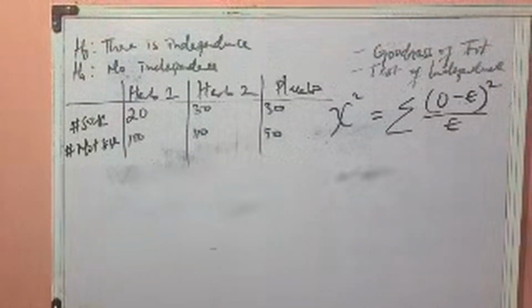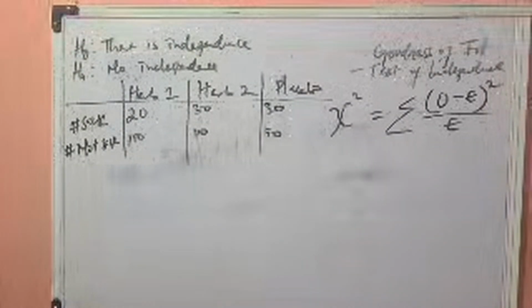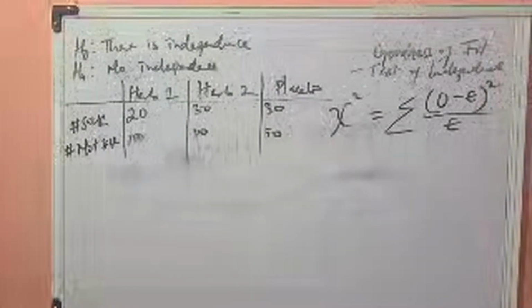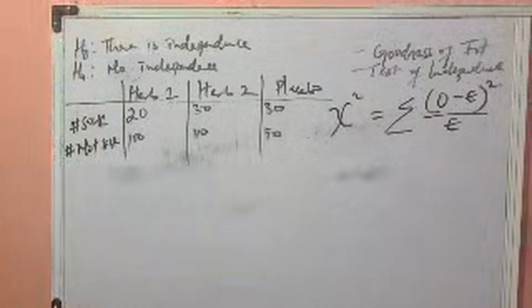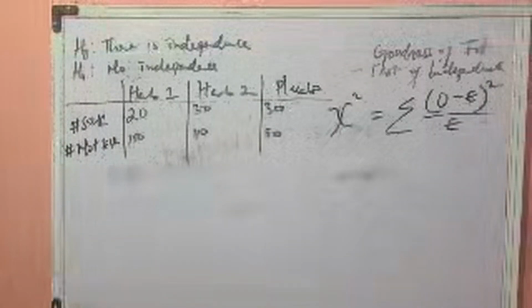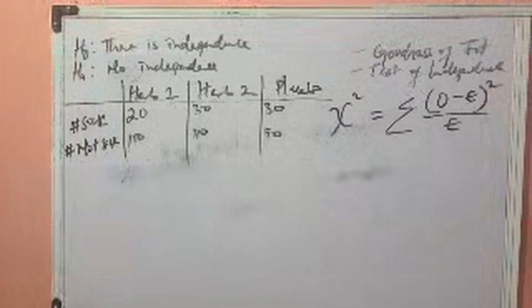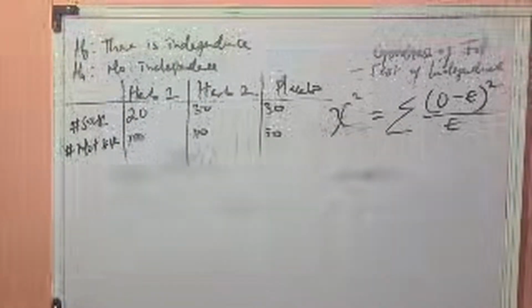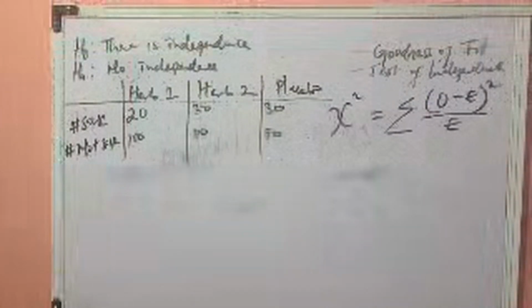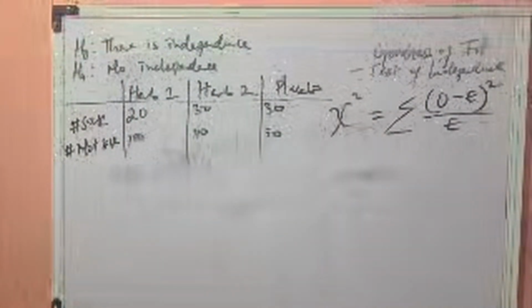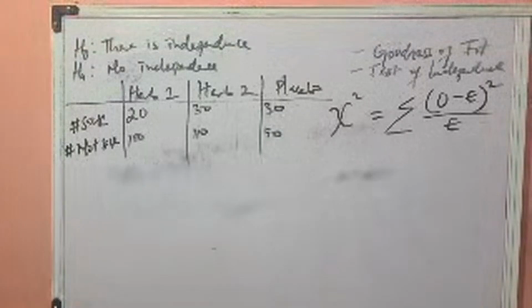Now, good. Before I go on to explaining what I want to explain, I want you guys to recognize something I already hinted to you before. One of the ways we call this table, we call it a contingency table. If you hear the words contingency table, this is an example of what we call a contingency table. And there are different words that are often used when dealing with tests for independence.